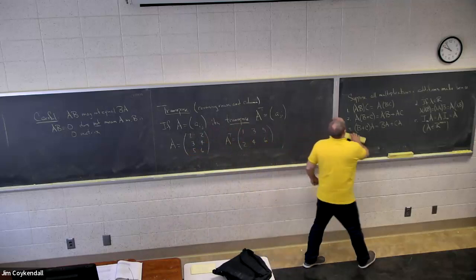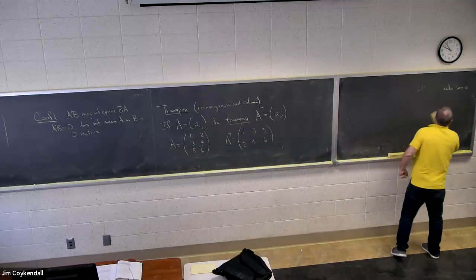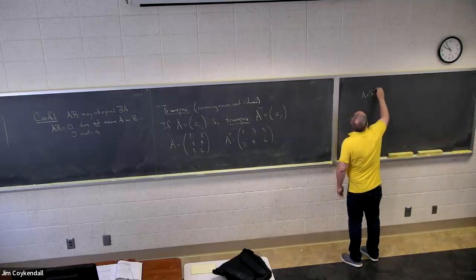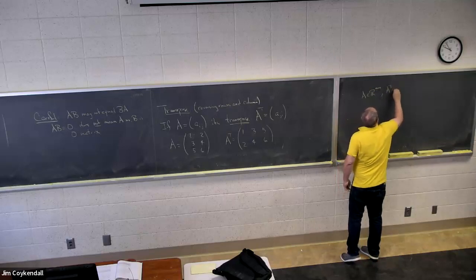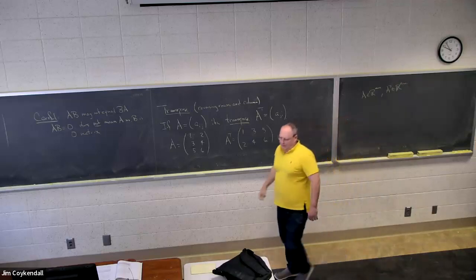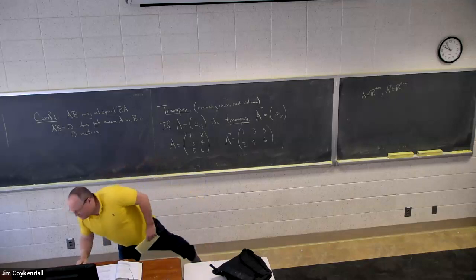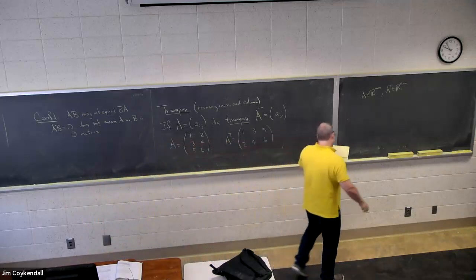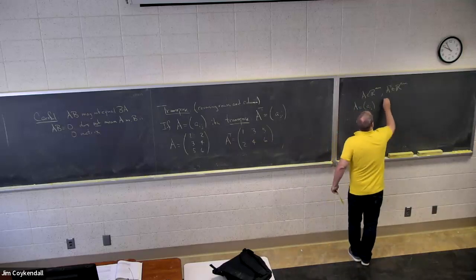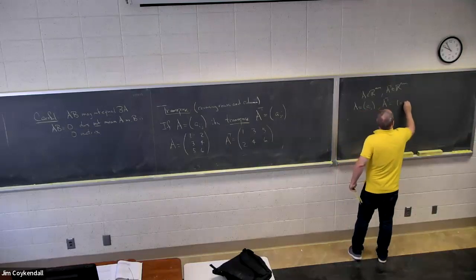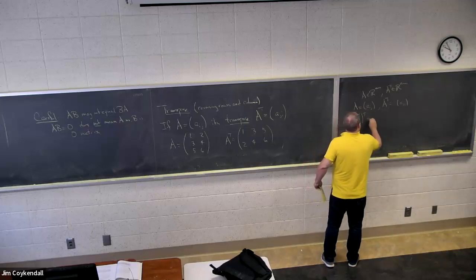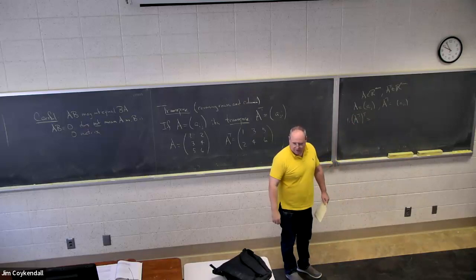So if A is in R m by n, then A transpose is in R n by m. And here are basic rules, and then we're out of here. Basic rules for transpose. One, A transpose transpose: what happens if you transpose a matrix and then transpose it back?